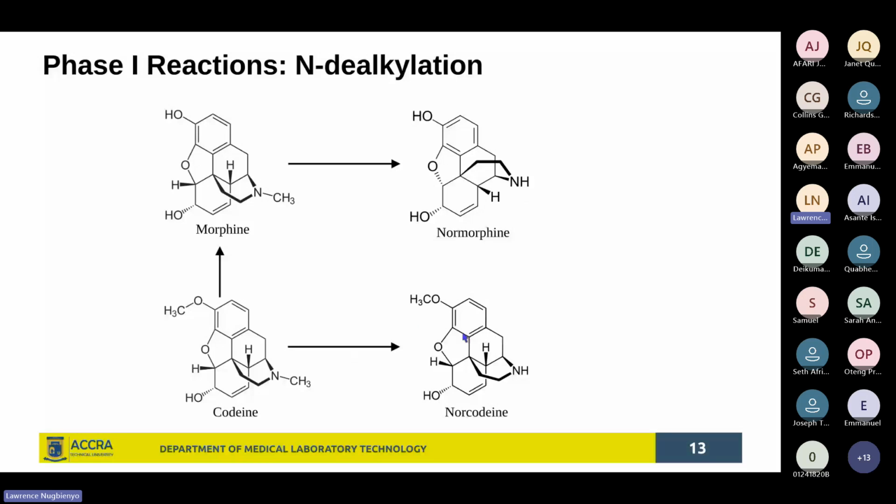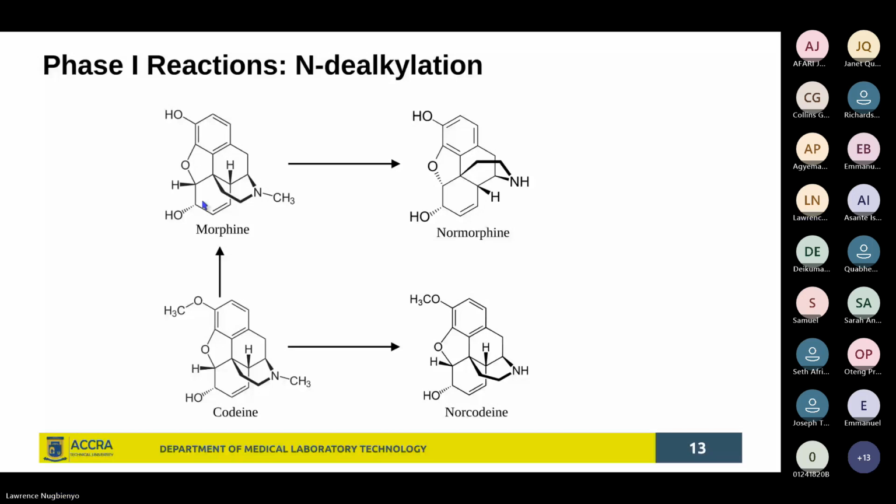Norcodeine can be about 6 times or more toxic than codeine and morphine. In fact, the nor metabolites, that is normorphine and norcodeine, are more toxic than their precursors, the substances from which they are formed. What it means is that norcodeine is more toxic than codeine, and normorphine is more toxic than morphine.